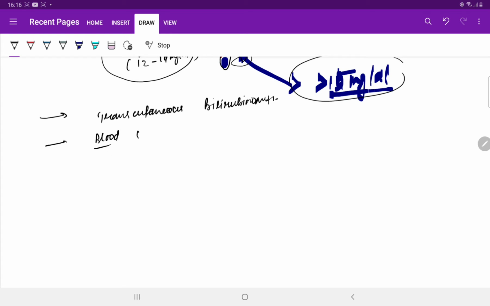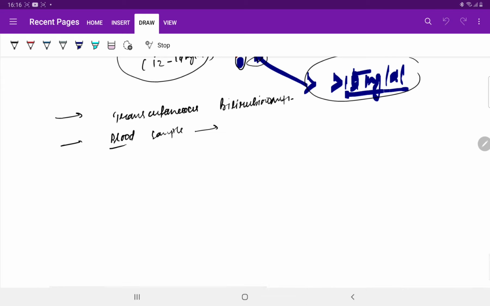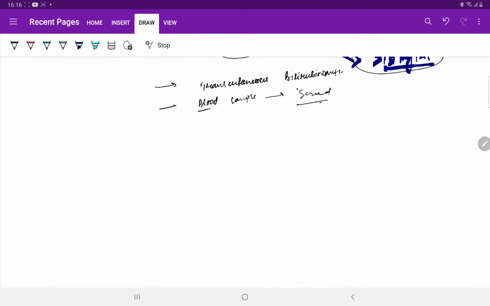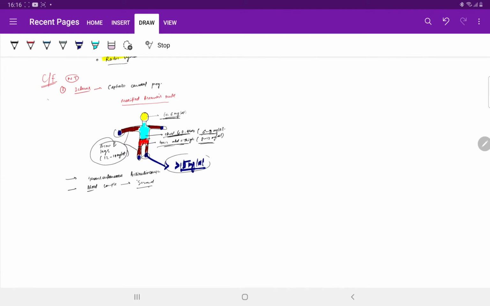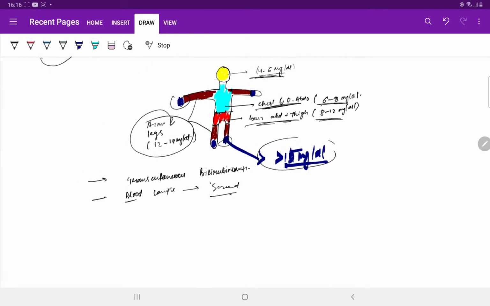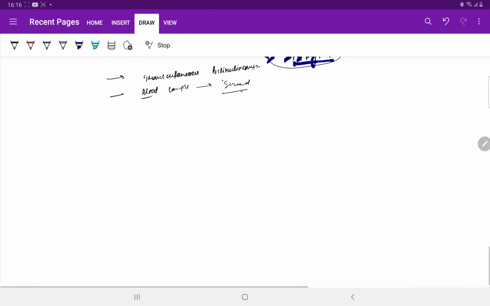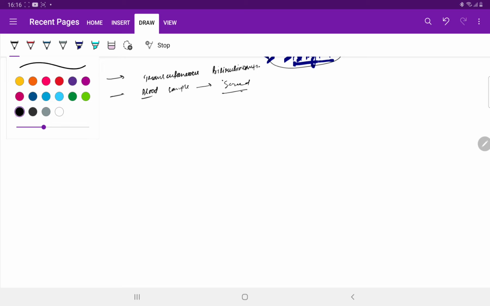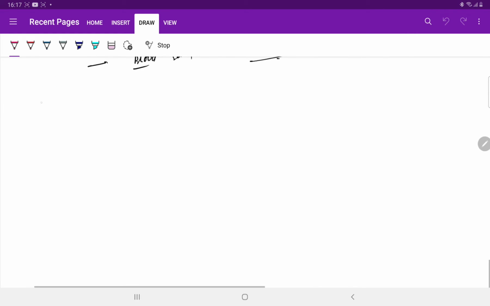This is what we generally do, blood sample, and we screen the blood. Now, that was the clinical feature icterus that we saw in a patient of hyperbilirubinemia. The patient can develop neurological symptoms as well.